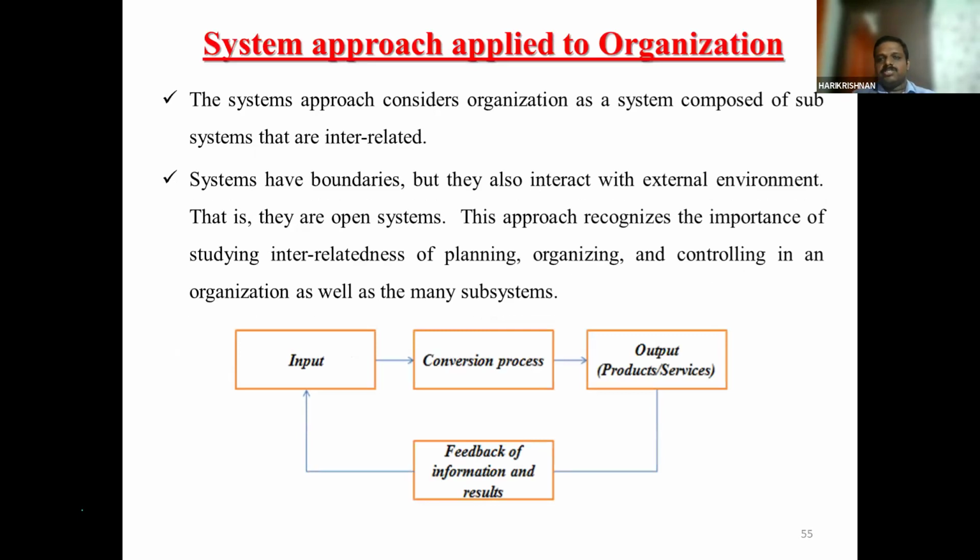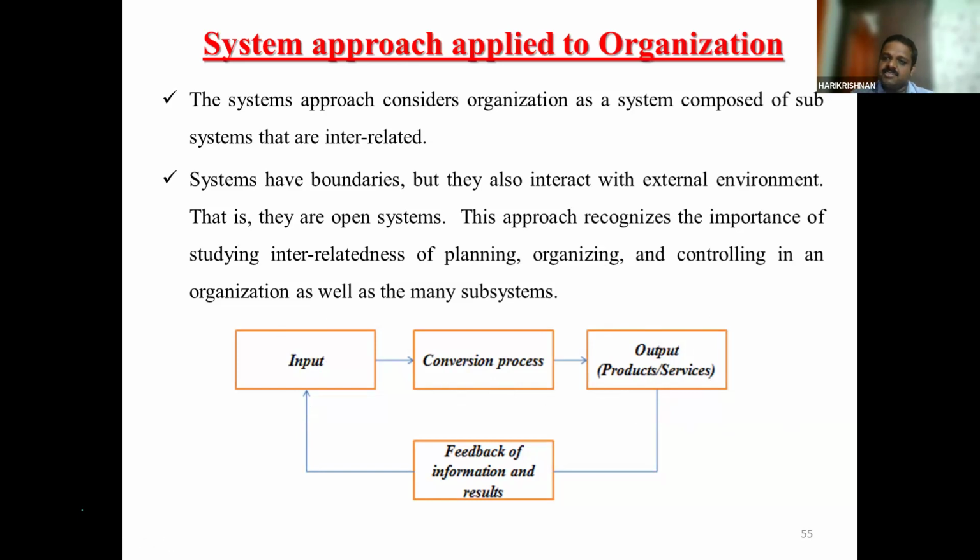Now, the systems approach applied to an organization. There is an input; in a college, the input is knowledge. That is converted, that is given to students. That is the conversion process, and the output is produced. And then the feedback. What is the feedback from the students? We can take feedback directly from the students, but the actual feedback is the result.